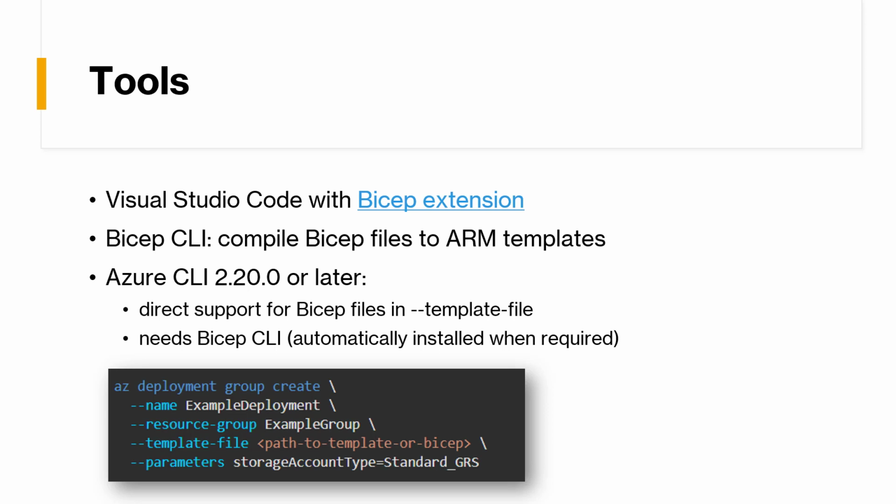But you don't really have to do that because the Bicep CLI is integrated within the Azure CLI 2.20.0 or later. It's directly supported, so in the --template-file parameter, you can just specify a Bicep file. And the tooling for you will do the compilation step and then submit that to the Azure Resource Manager in the backend.